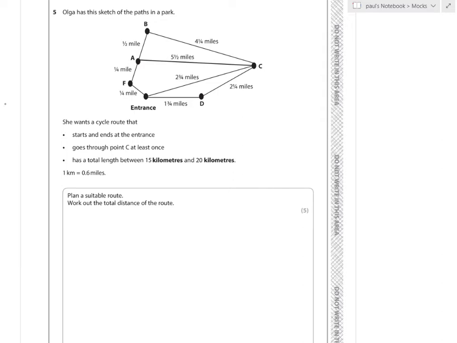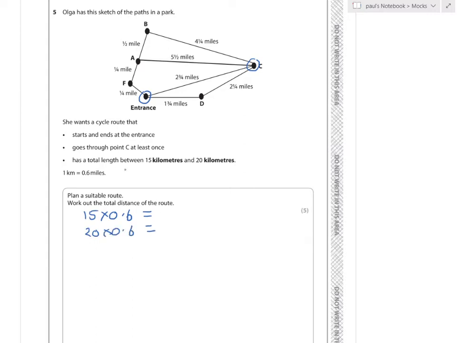Right, so she wants a cycle route that starts and ends at the entrance there. She goes through point C once at least, and her total length is between 15 and 20 kilometers. So 15 times 0.6 and 20 times 0.6.